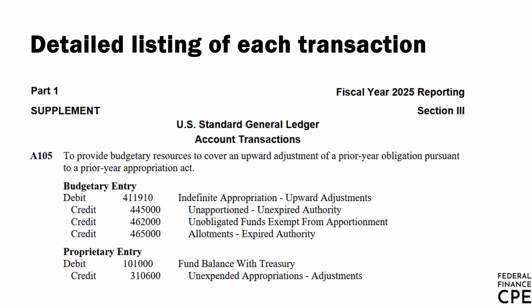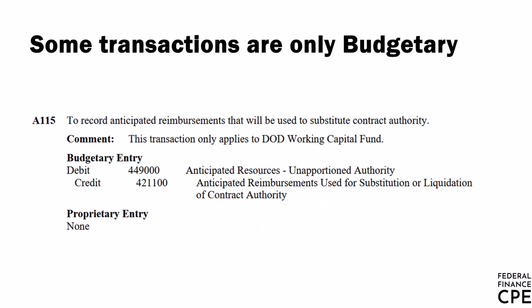Now it's important to note that while it lists the possible GL accounts that are used to post, it doesn't mean every single GL account would be posted at the same time. You're going to have to know more details about the circumstance of your transaction and the funds being used to determine that. But it will tell you at the minimum what GL accounts could be used.